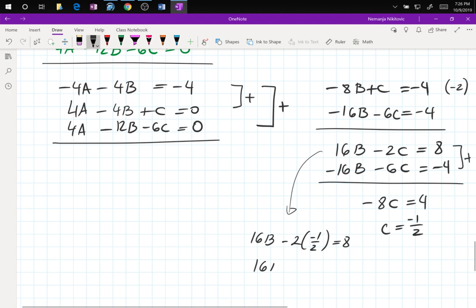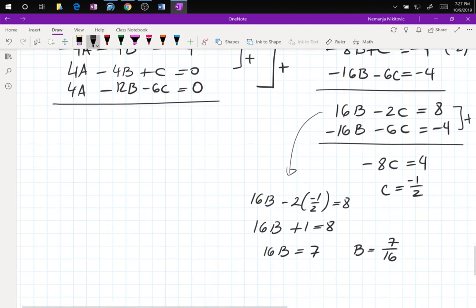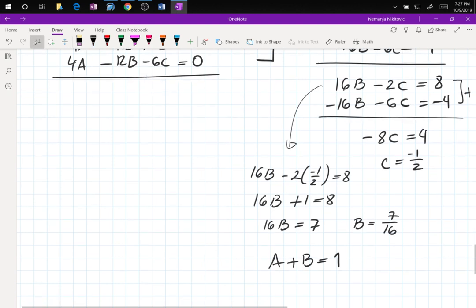This is going to be 16b plus 1 equals 8. 16b equals 7. B equals 7 over 16. And then you have a plus b equals 1. And b is 7 over 16, so a better be 9 over 16, because 9 plus 7 is 16. 16 divided by 16 is 1.